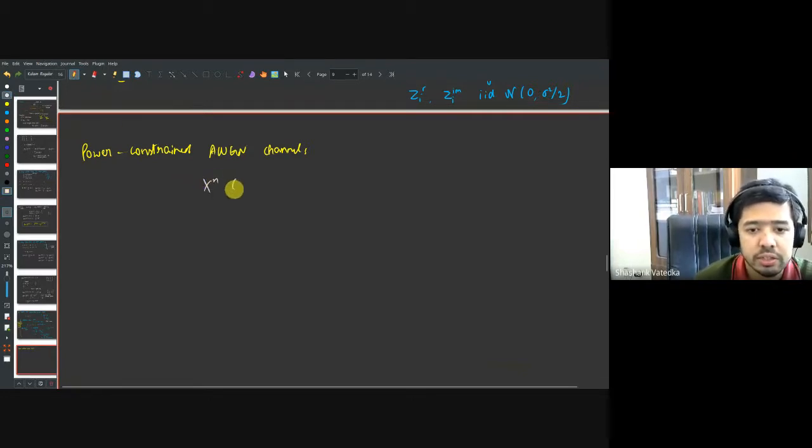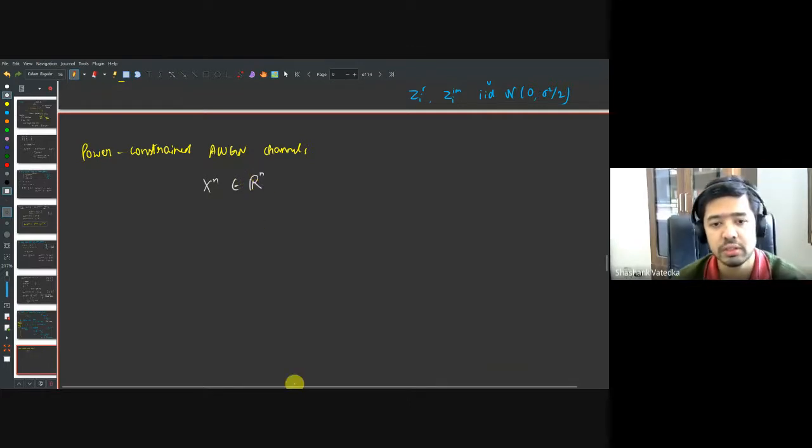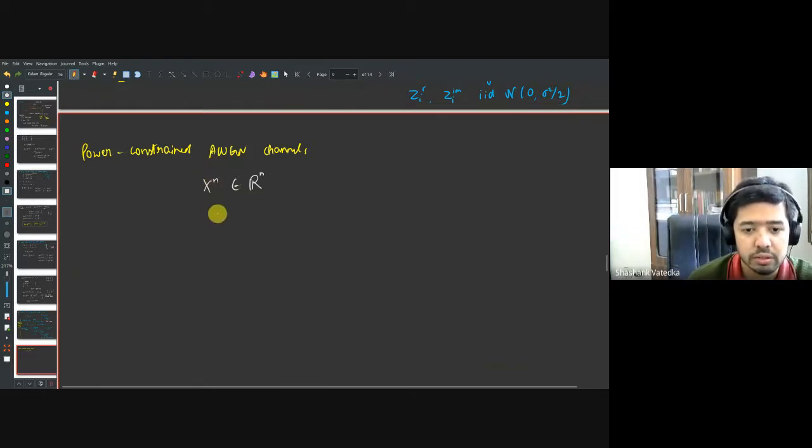Each xi is allowed to be any real number, but you impose the following power constraint, that 1 over n times the sum from i equal to 1 to n of xi square should be less than or equal to p.